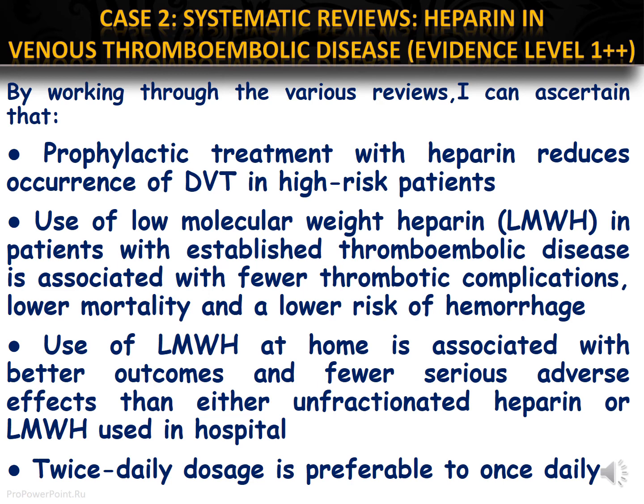In this situation, prophylactic treatment with heparin reduced the incidence of venous thromboembolic disease in high-risk patients. Use of low molecular weight heparin in patients with established thromboembolic disease is associated with fewer thrombotic complications, a lower mortality, and a lower risk of hemorrhage.